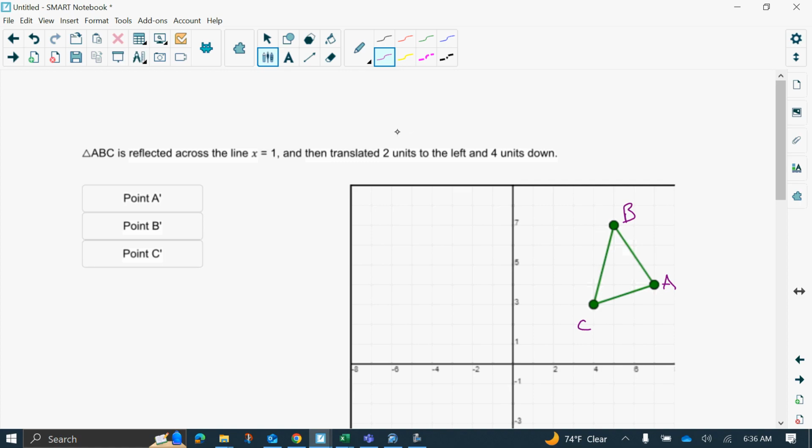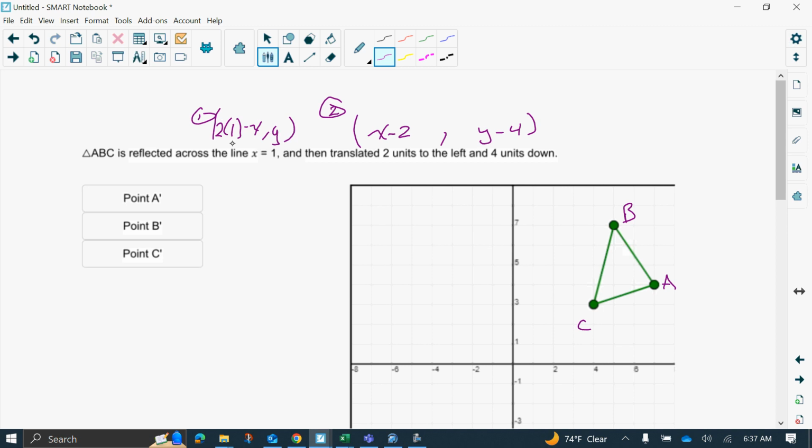Well, 2 left means x minus 2, 4 down means y minus 4. And across the line x equals 1, so that's step 2. Step 1, x equals 1 means 2 times 1 minus the x value and leave y alone.